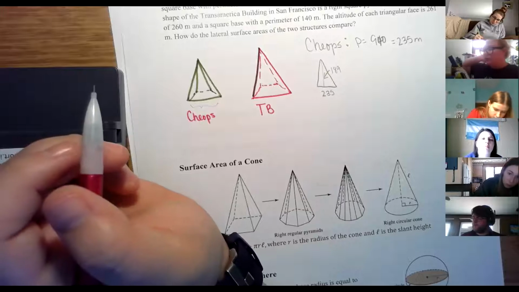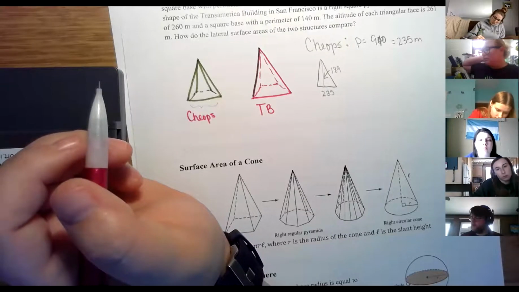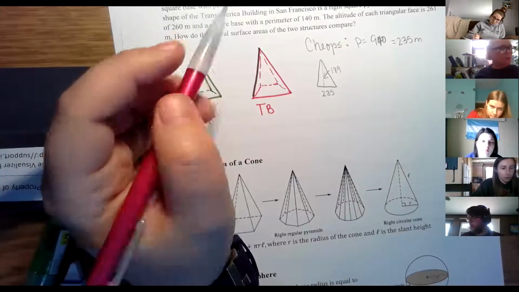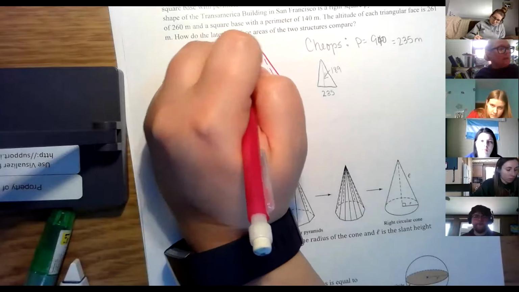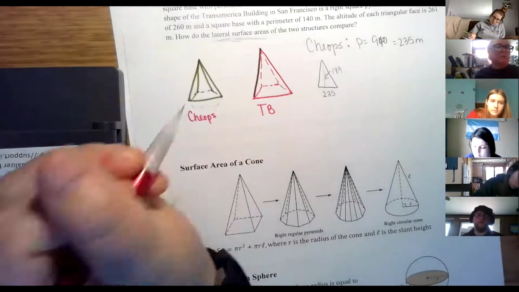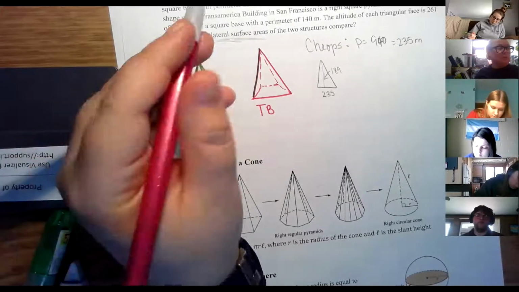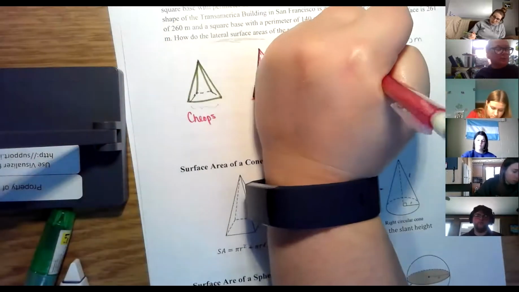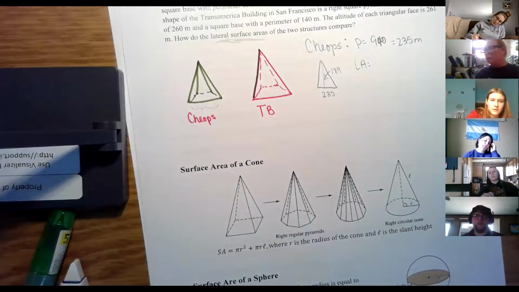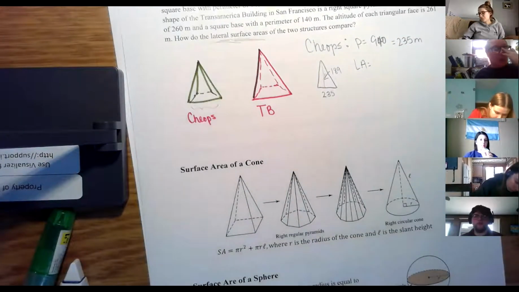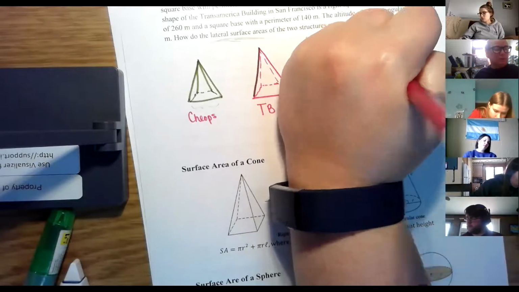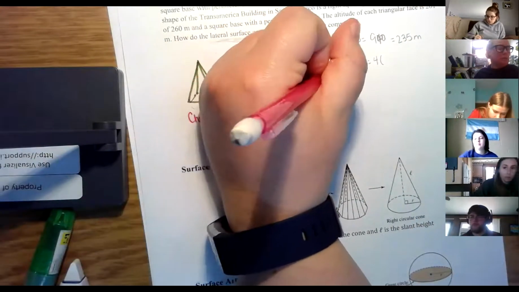All right. I want to compare the lateral surface areas, so I don't care about the area of the base. To find the lateral surface area, there are going to be 4 of those faces times the area of each of these triangles.